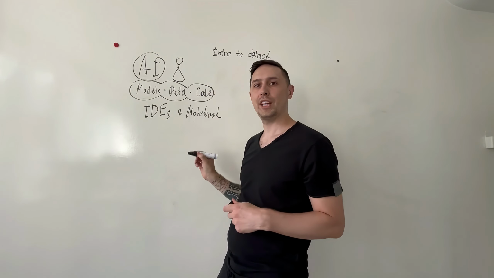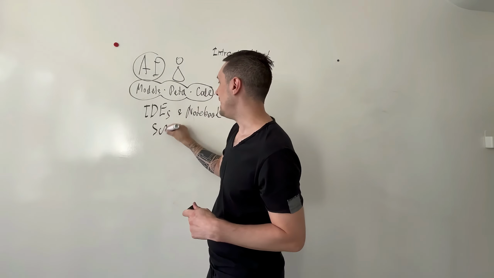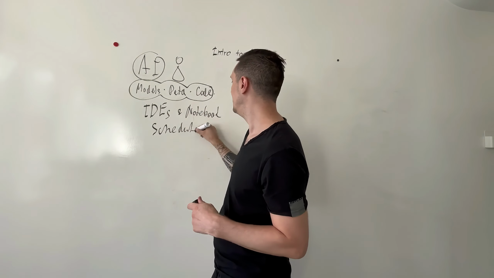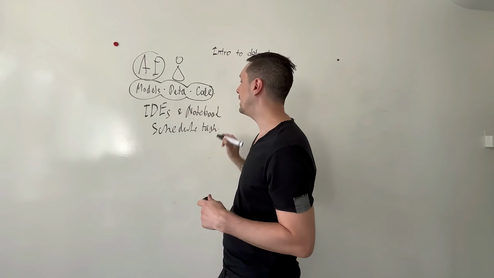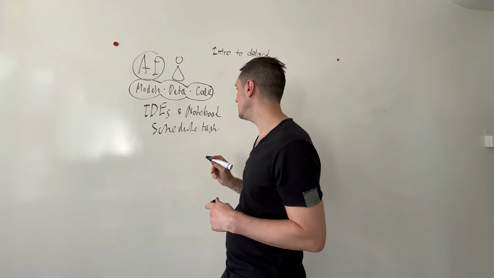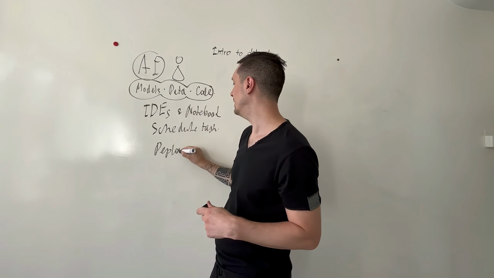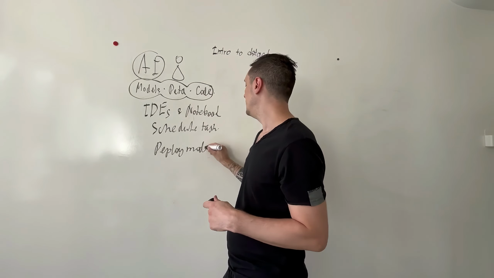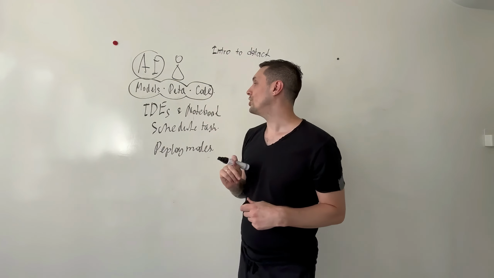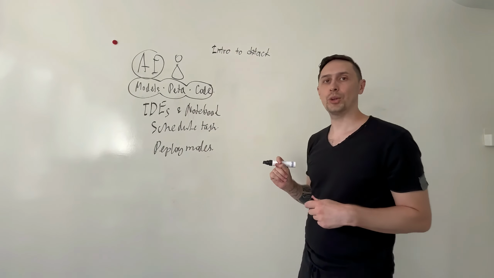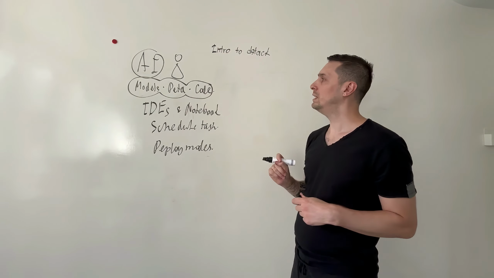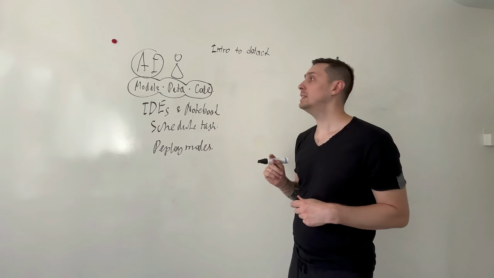You want to schedule tasks for training, fine-tuning, data processing, and then, of course, you want to deploy models. And as an AI engineer, you need infra to run it on. However, you don't want to manage this infra.